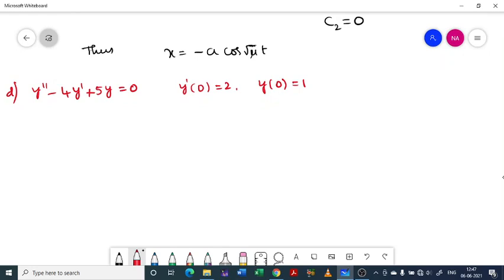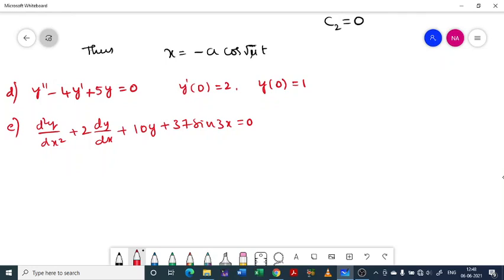Okay, now there is one more. Problem E, and that we need to solve here only. So the statement is d square y by dx square plus 2 into dy by dx plus 10y plus 37 sin 3x equal to 0.